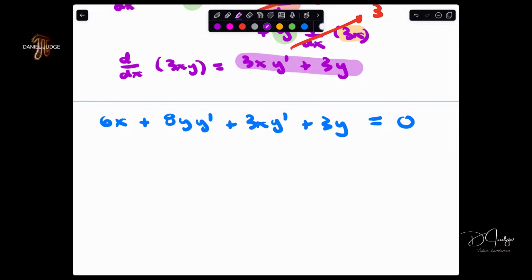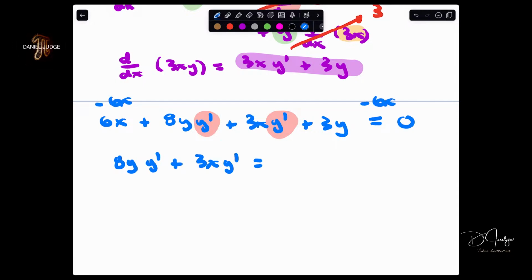Okay, so now remember the second part of implicit differentiation is to solve for y prime here. So 8y y prime plus 3x y prime, if we subtract 6x from both sides, subtract 3y from both sides, you end up with negative 6x minus 3y.